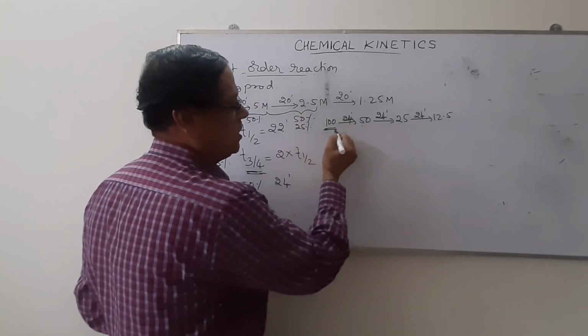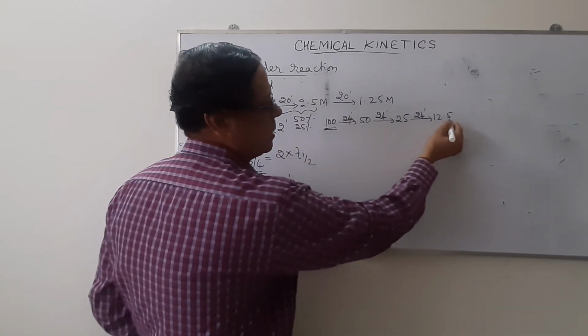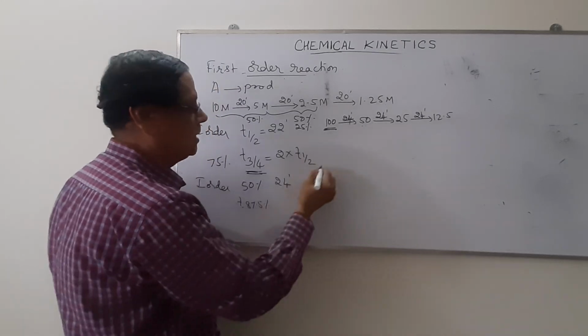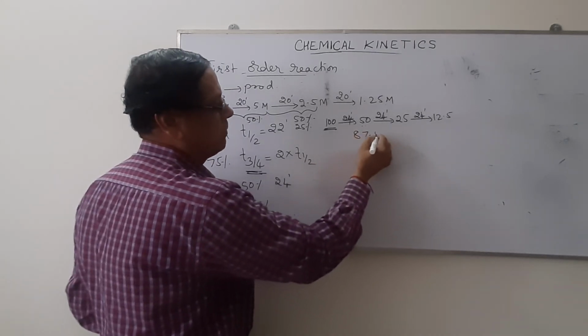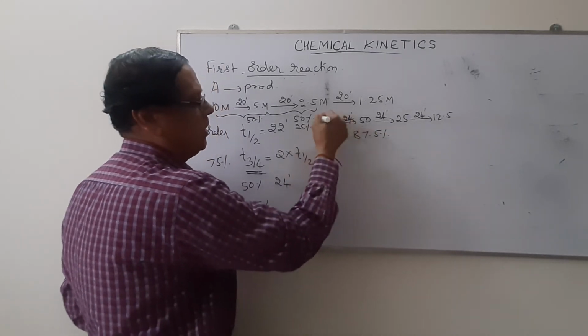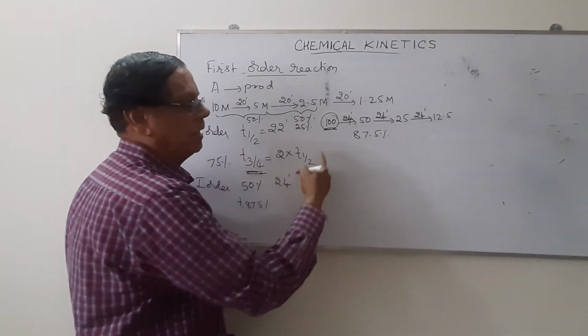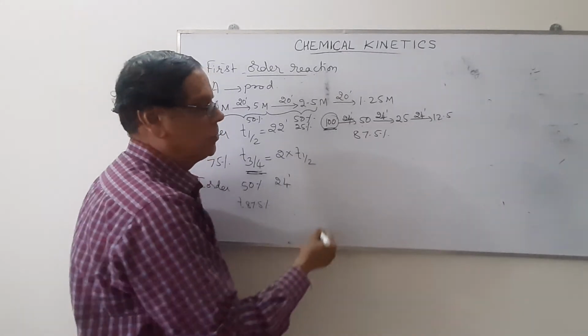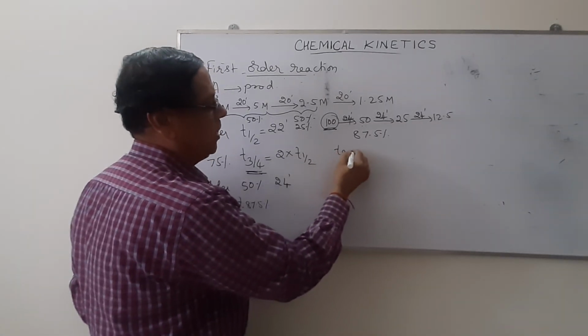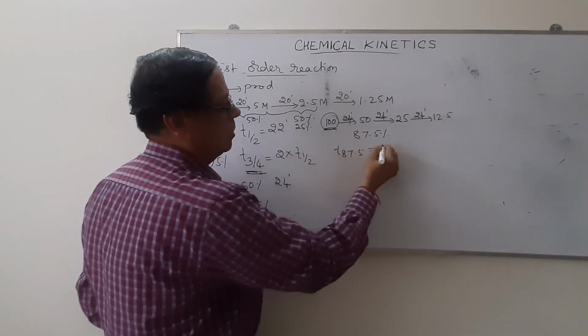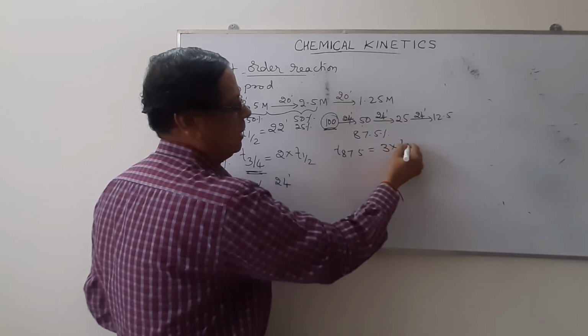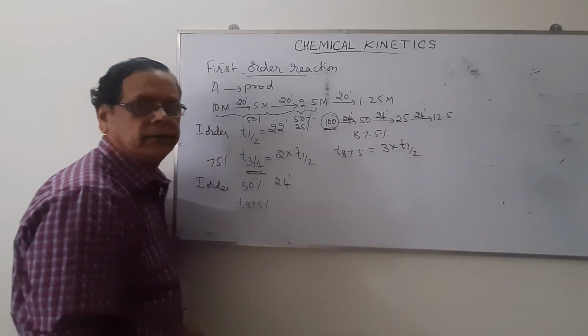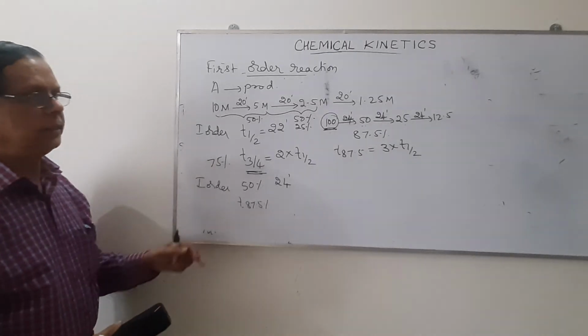So the total change is 50 plus 25 plus 12.5, which is equal to 87.5%. Out of 100 units of the concentration, the reacted value is actually 87.5%. So the time required for 87.5% is equal to 3 times the t half.